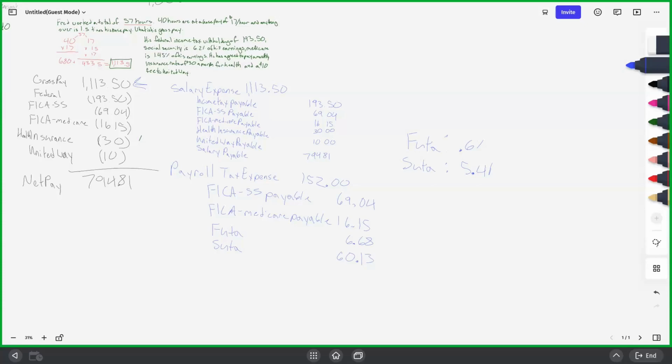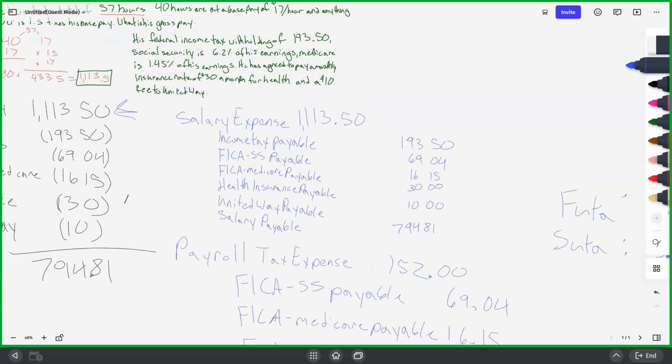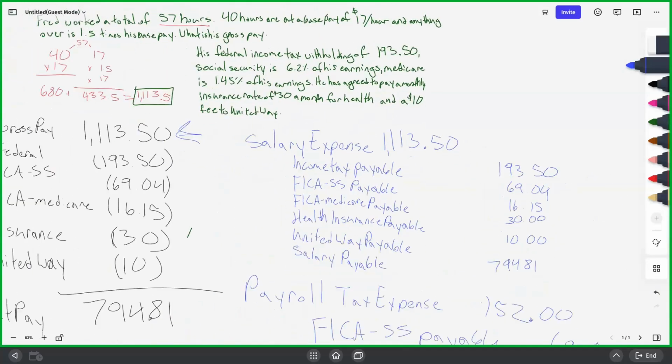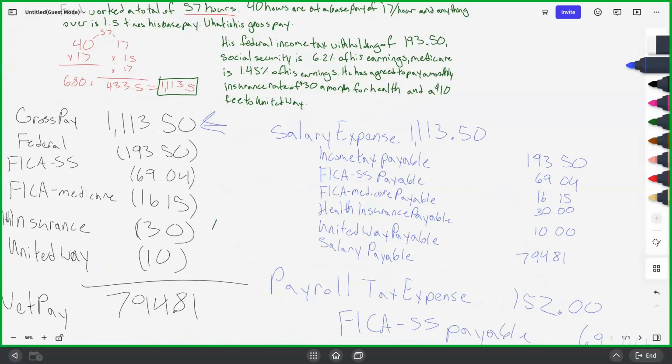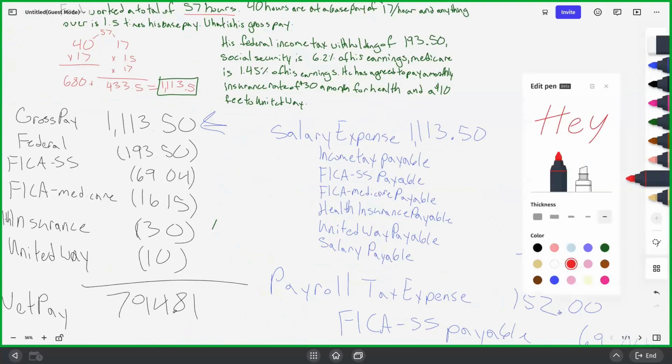So real quick, JB asks, how did we get all of the numbers to get to our net pay? I'm going to take this chance to highlight every little bit of this, and we're going to focus in on these two. I'm going to take a highlighter to all of these.